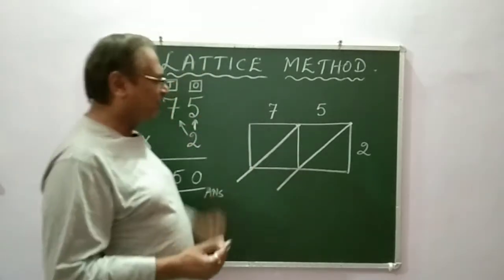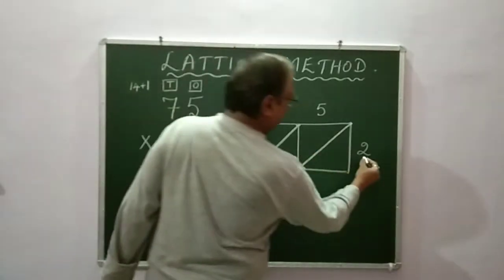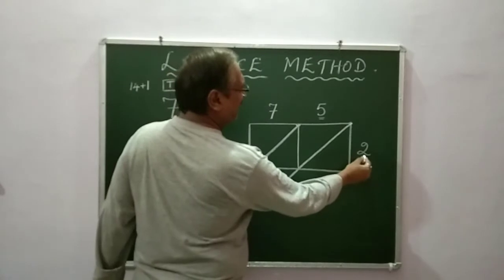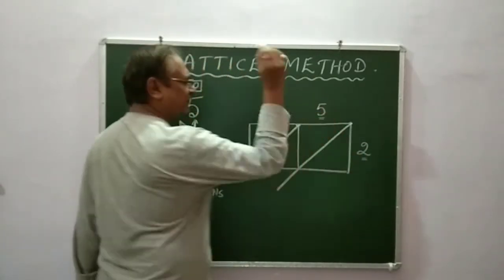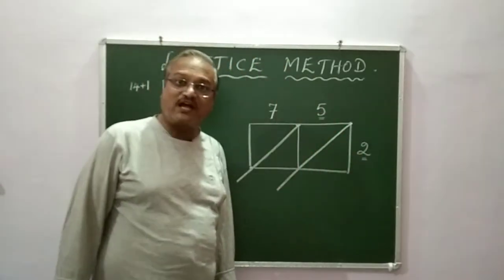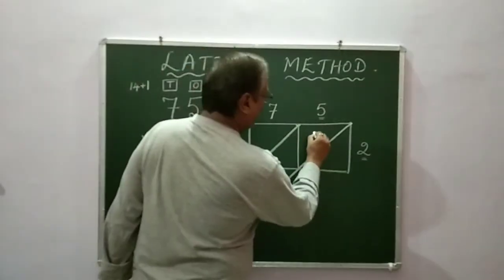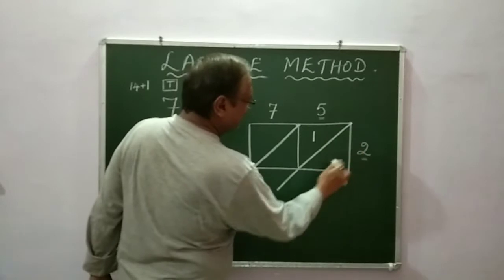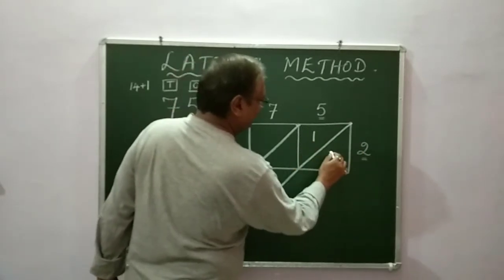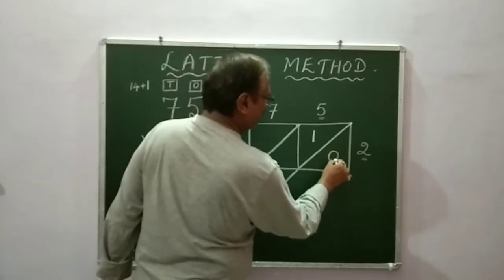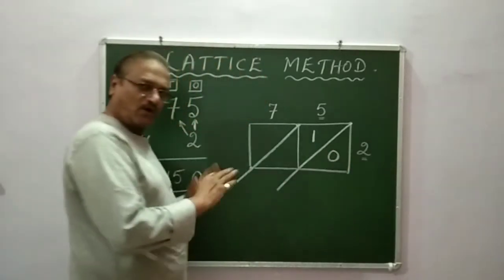Now what should you do? What is this number? 2. And what is this number? 5. Multiply 2 and 5. 5 2s are 10. How will you write this? 1 in the upper box and 0 below.